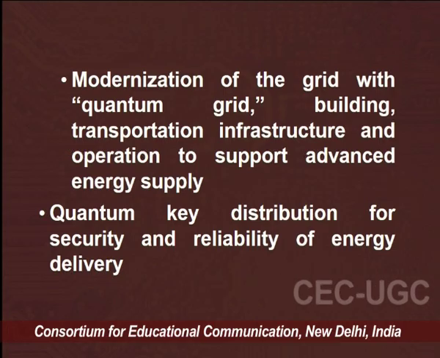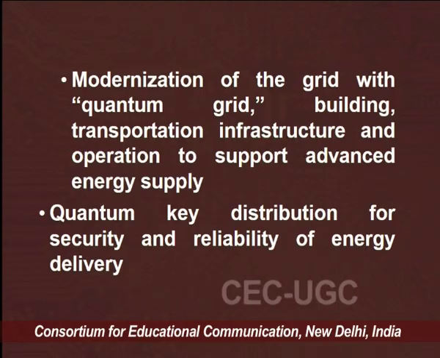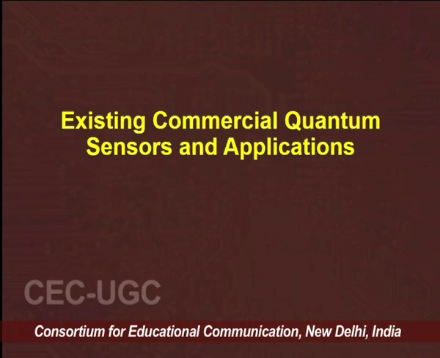By this mesh type of structure we can capture very efficiently; we have a great sensitivity and can measure various defects or various pollutants. And quantum key distribution for the security and reliability of energy delivery.